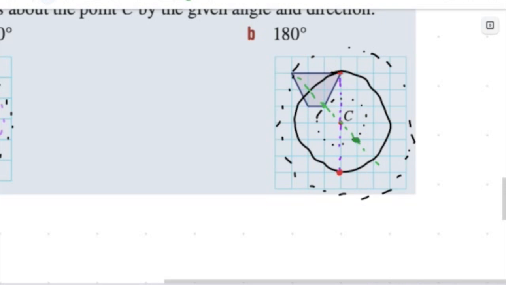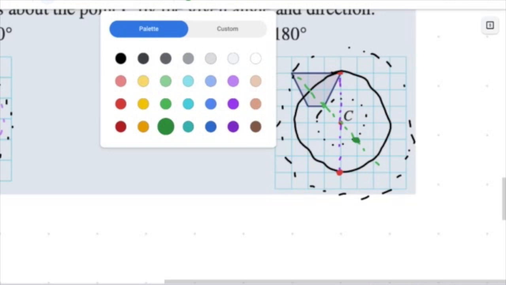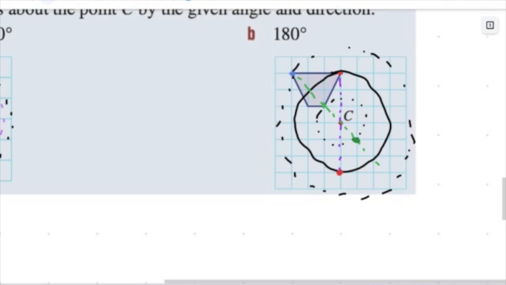And if I do that for all of my points, for example, so let's take, I don't know, this one up here, and we do a big rotation and it ends up at the complete opposite side. And the same thing happens with my final point.